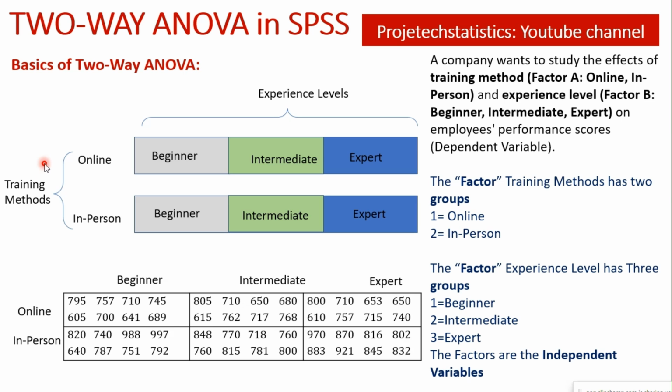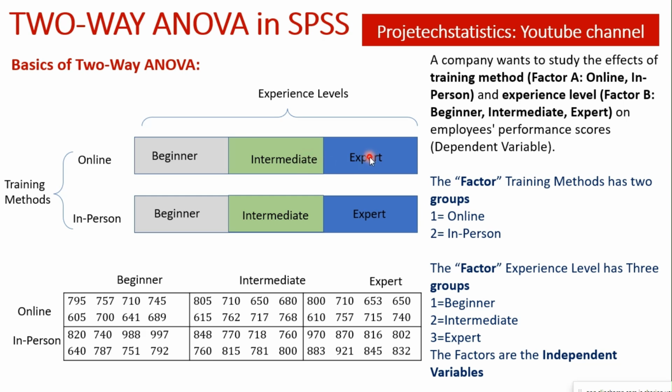So we're going to look at a company that wants to study the effect of training method, which is factor A. We have the online training and the in-person training, and also experience level, which is factor B. We have the beginner, the intermediate and expert level, on their employee performance score.